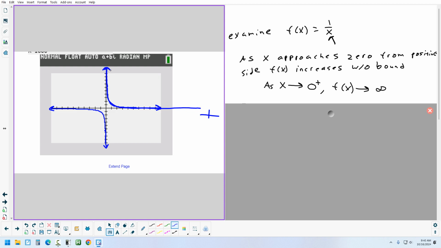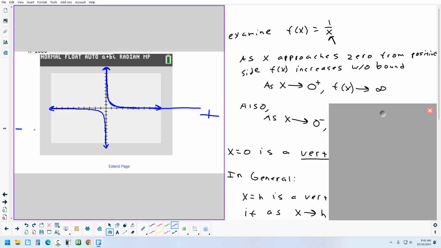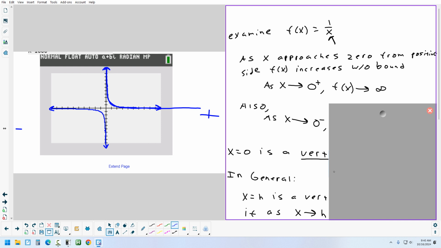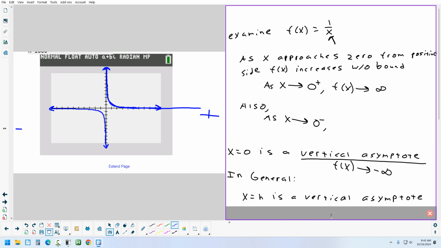Now, what about as x approaches 0 from the negative side? So here's your negative side. Start going towards 0 and follow where the graph takes you. Negative infinity. Yep.